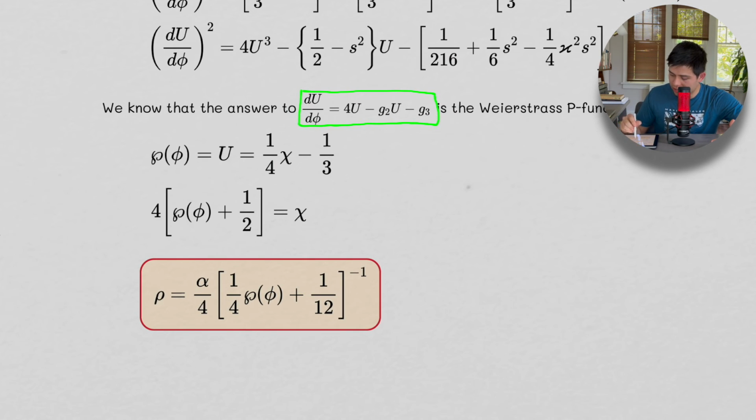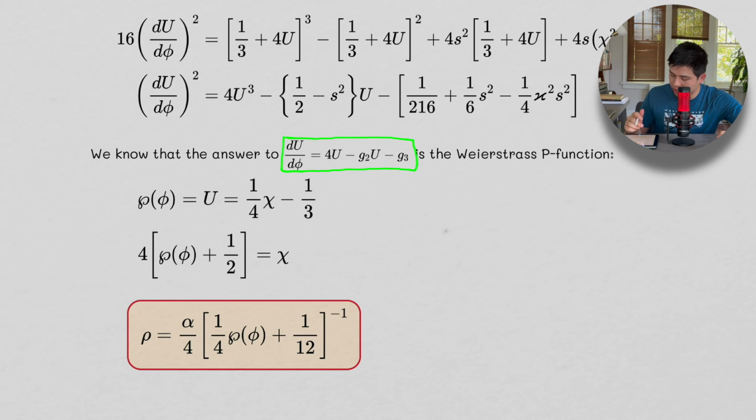And u is this right here. Another way of saying this is it's equal to this. This is the Weierstrass p function, and there are different ways of writing it, but the point here is that we know what the solution to this is.